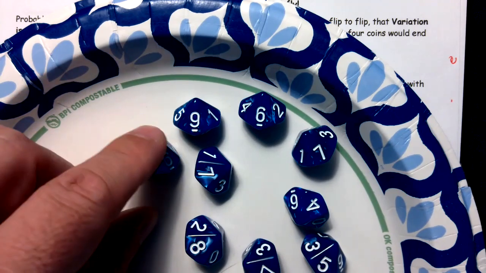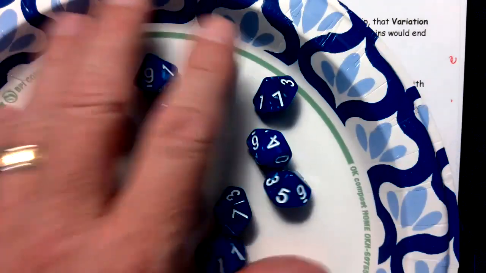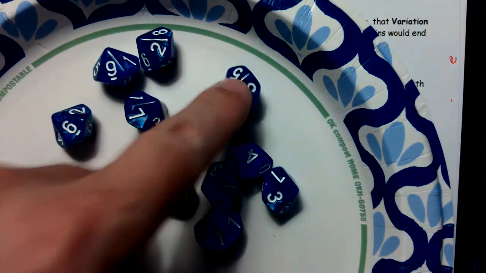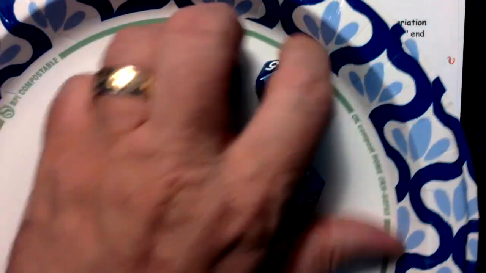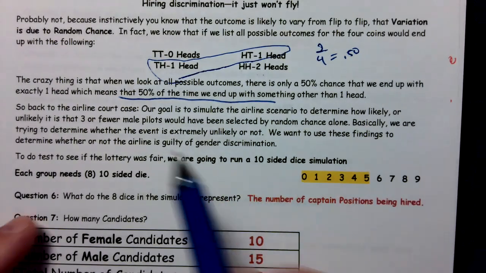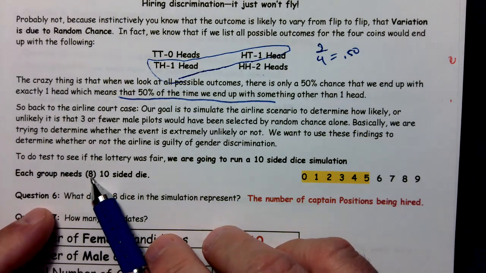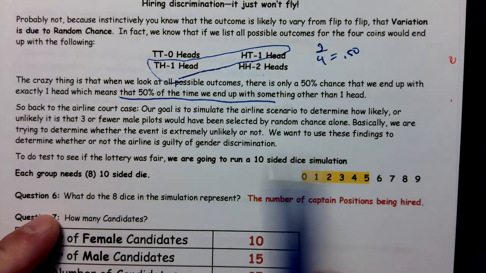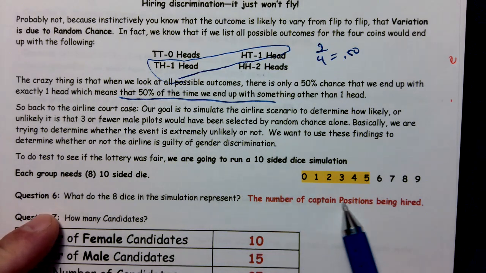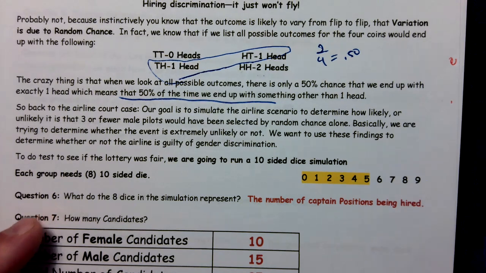I actually have 10 of them right here: 1, 2, 3, 4, 5, 6, 7, 8, 9, 10. And we're going to roll them to determine how likely this is. It turns out we'll need 8 of the 10-sided dice. Those 8 dice represent the number of captain's positions being hired.